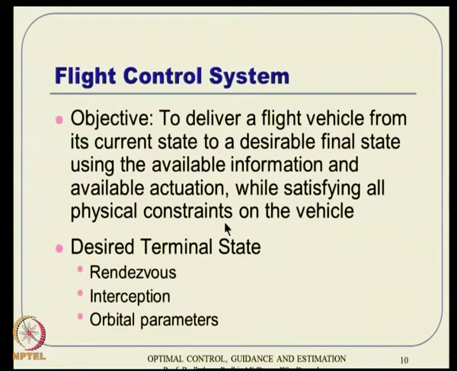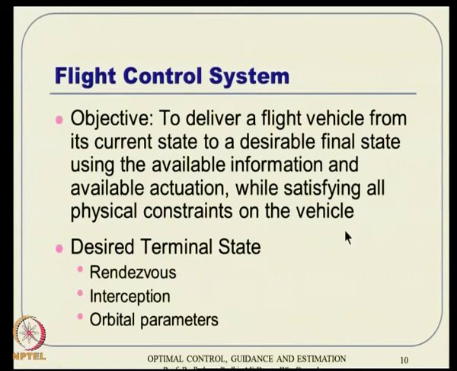And in an overview sense, what is the broader picture of a flight control system? The objective is to deliver a flight vehicle from its current state to a desirable final state using the available information and available actuation, while satisfying all physical constraints on the vehicle. So, you cannot ignore these things.